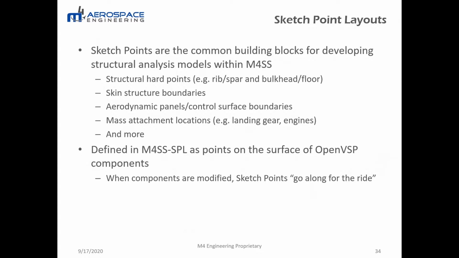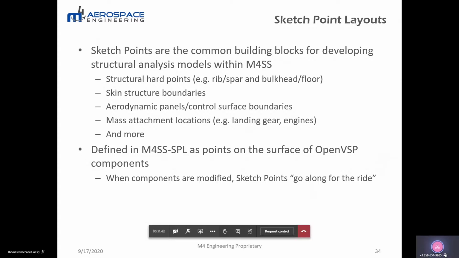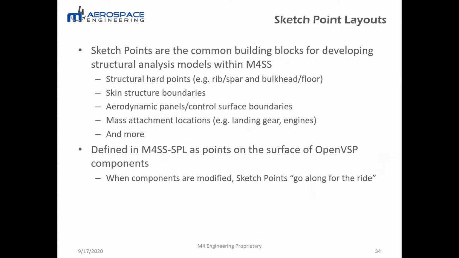Lines can be drawn between sketch points to define ribs and spars or bulkheads and floors. Triangles and quadrilaterals defined by sketch points can create skin boundaries, aerodynamic panels, and control surface boundaries, while individual sketch points could be used to locate attachment points for non-structural masses and various other elements.